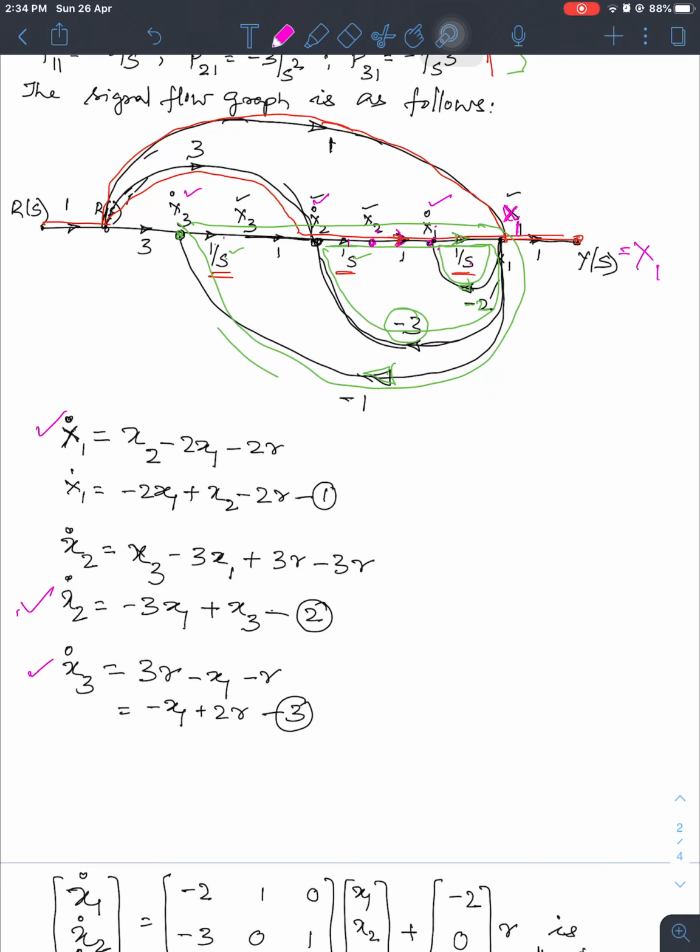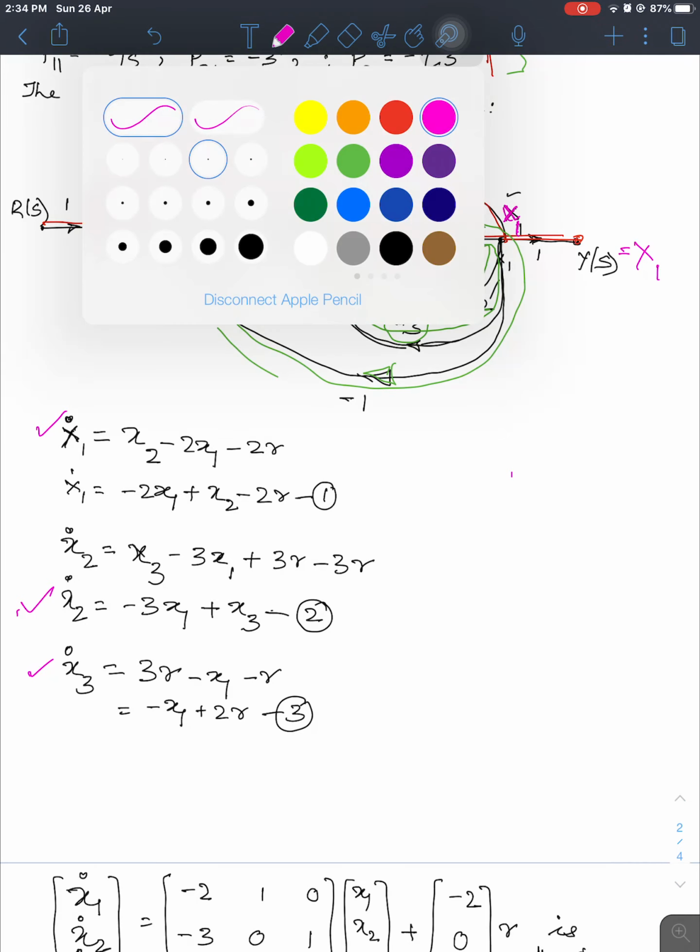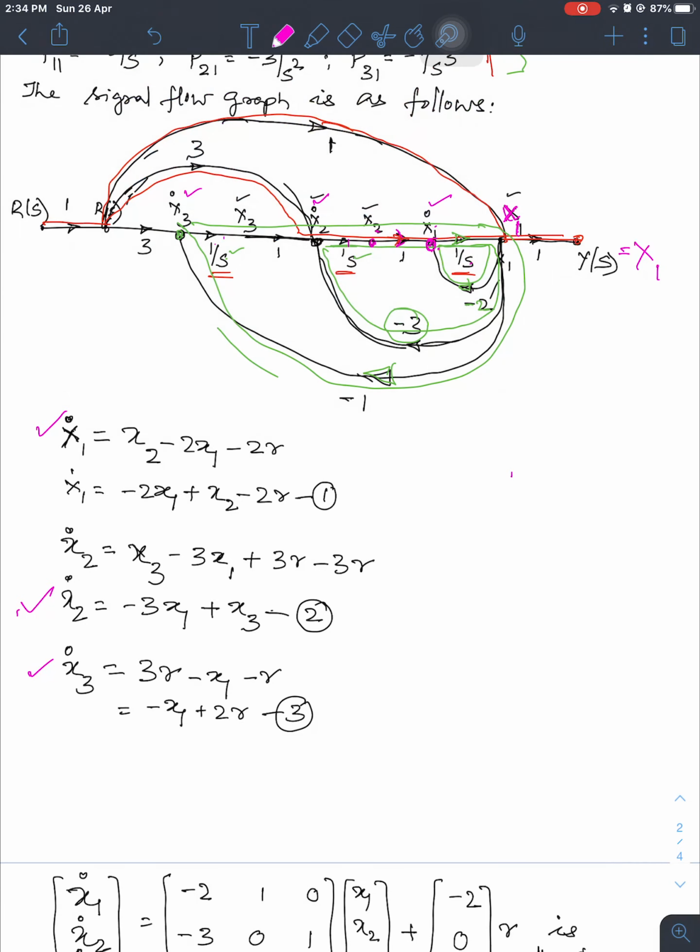So how do we do it? We needed to concentrate on the node wherein we have the variable x1 dot. So if you look at x1 dot, it has got signals. I'll write it here separately only for one particular node. So we have a node here. This is a node. This is x1 dot.